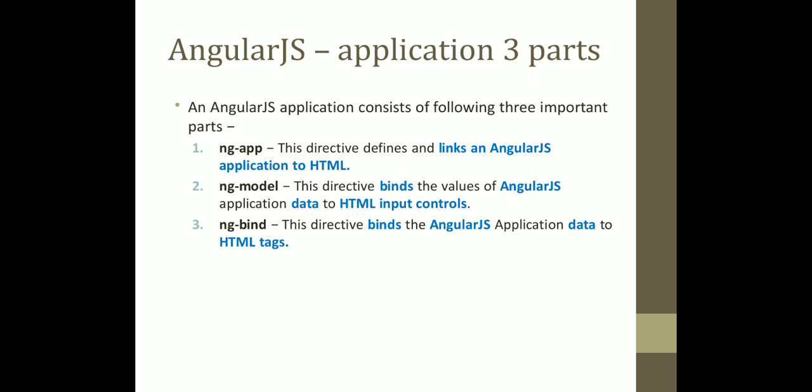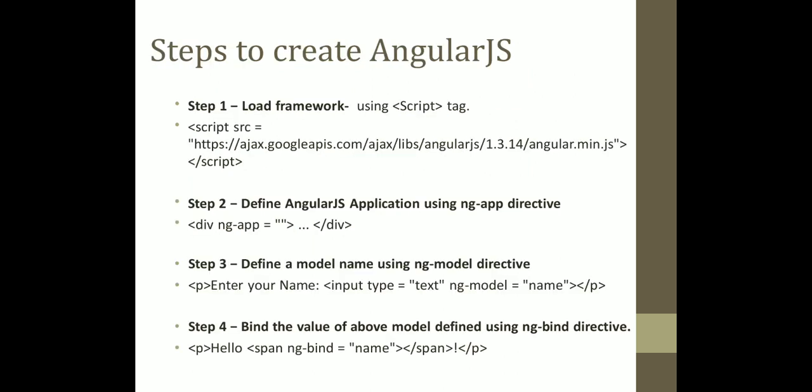Okay, and ng-bind will bind AngularJS application data to HTML tags. Okay, so ng-model and ng-bind are working on application data, and ng-app is purely working on links and AngularJS application. Okay, so these are the main three components for creating your AngularJS application.